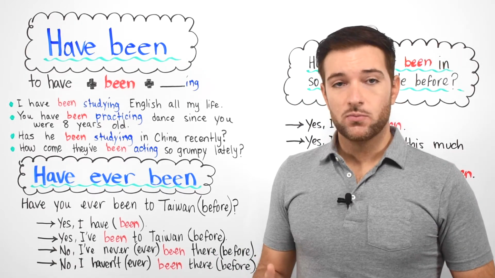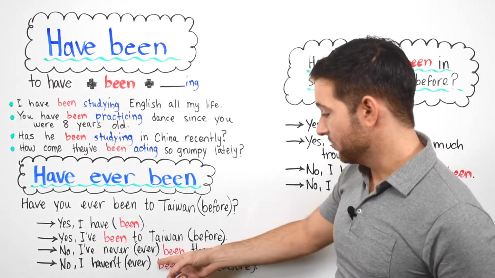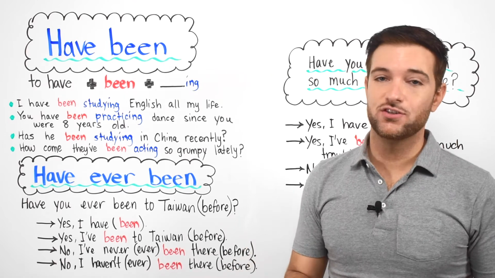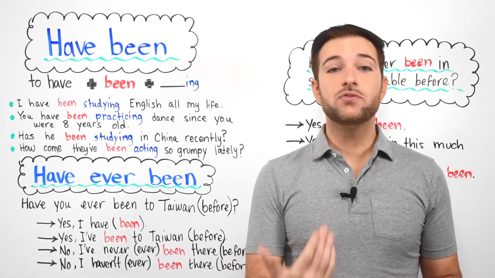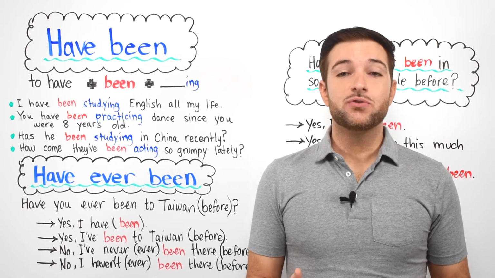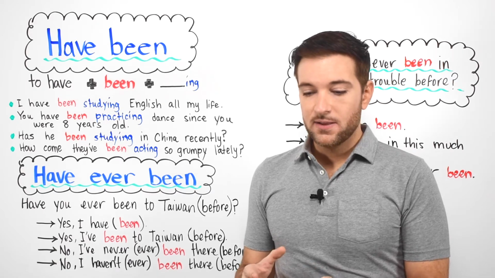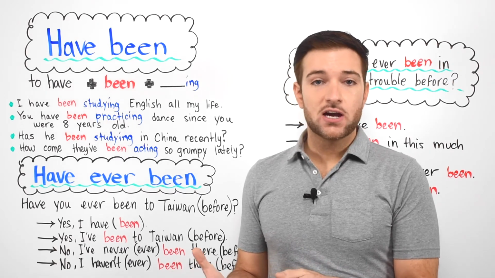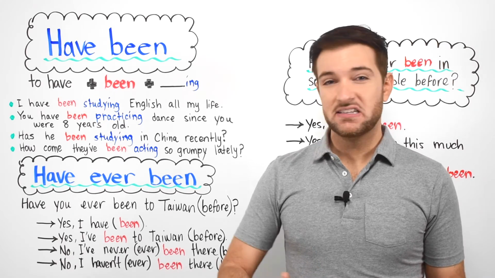All right, but when we add the word, for example, ever, it changes the meaning. Okay, and instead of asking when you did something, it asks you if you did something. Okay, we're not talking about when you did something, we're talking about if you did something just as a fact in general.